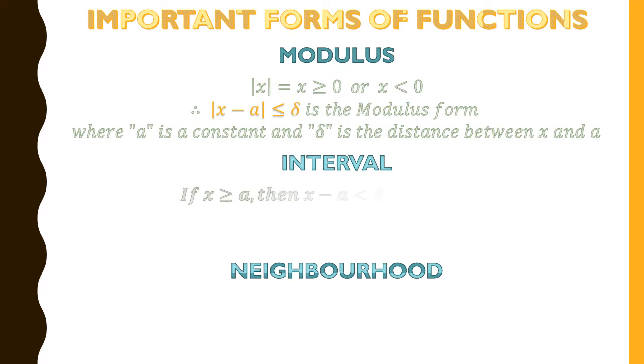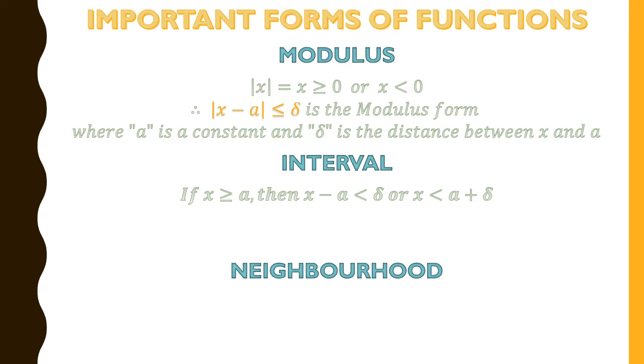Okay, interval form. Now in the interval form we are going to use the same a and delta. Here we know that if x is more than equal to a, there are only two options. Because it's a modulus, there are only two options possible. Either x is more than a or x is less than a. Now if we assume that x is more than a, then x minus a is less than delta, naturally, because that's our modulus form.